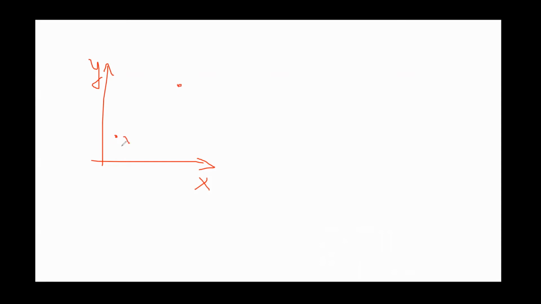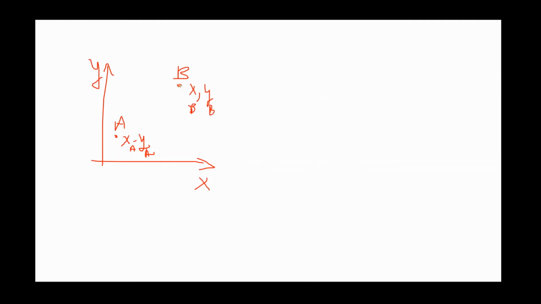If I give you XY of this point and XY of this point, let's call these 2 points A and B. So this is XA, YA, XB, YB. What is the distance between the 2 points here?